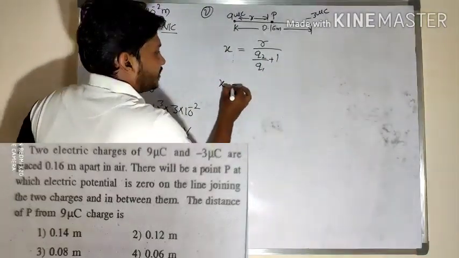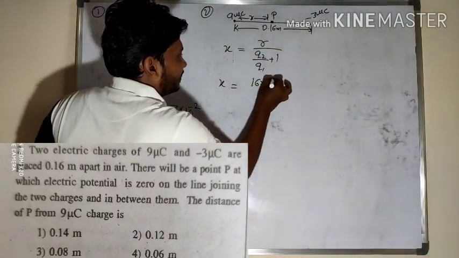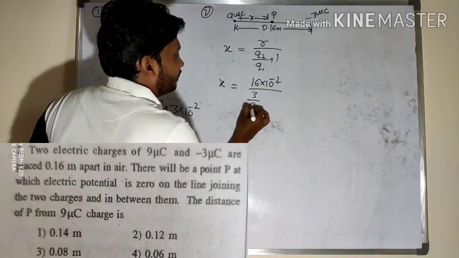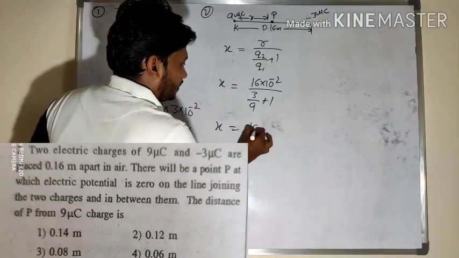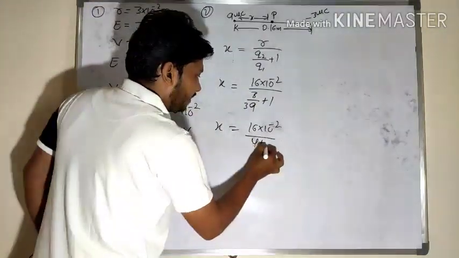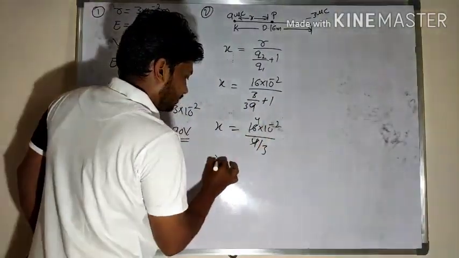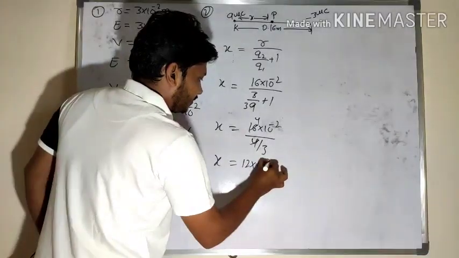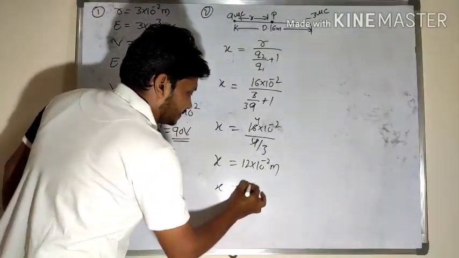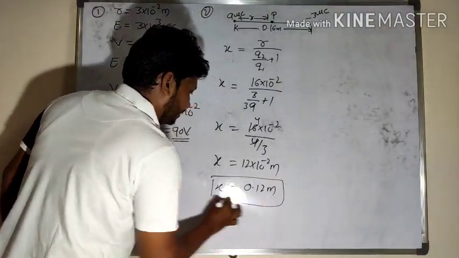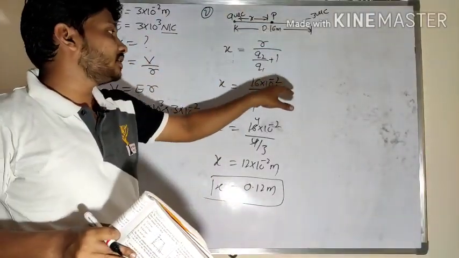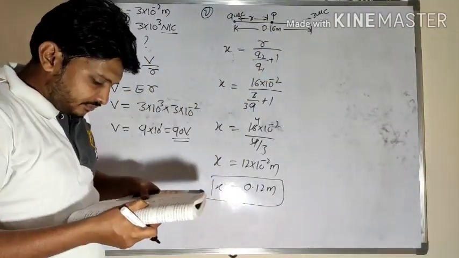So x is equal to 16 into 10 to the power of minus 2 meter divided by, q2 value is 3, q1 value is 9, that is 3 by 9 plus 1, which is 4 by 3. So x is equal to 12 into 10 to the power of minus 2 meter, that is x is equal to 0.12 meter here. They mentioned that 0 potential exists between the charges, so I should take the plus 1 here.